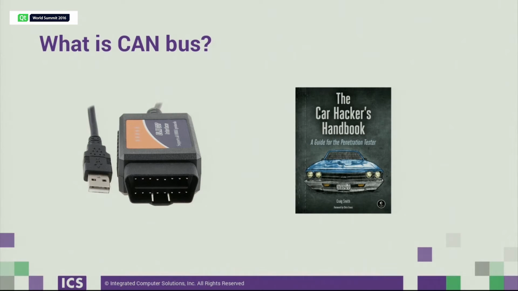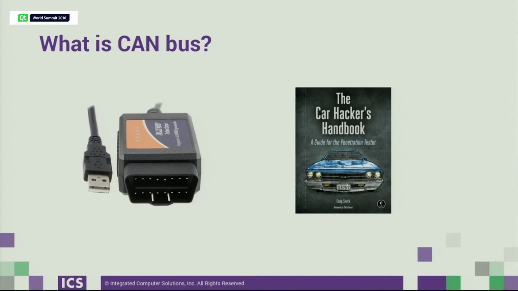So there's actually a whole hobbyist movement of people who are into what they call car hacking, to reverse engineer some of the CAN bus messages in cars, understand how they work. This is really hacking in the original sense of the word, meaning that people want to understand more about how things work internally and maybe modify them, make them do things that they weren't originally designed to do. There's also people who work doing security audits of vehicles to try and make them less vulnerable to different types of attacks.